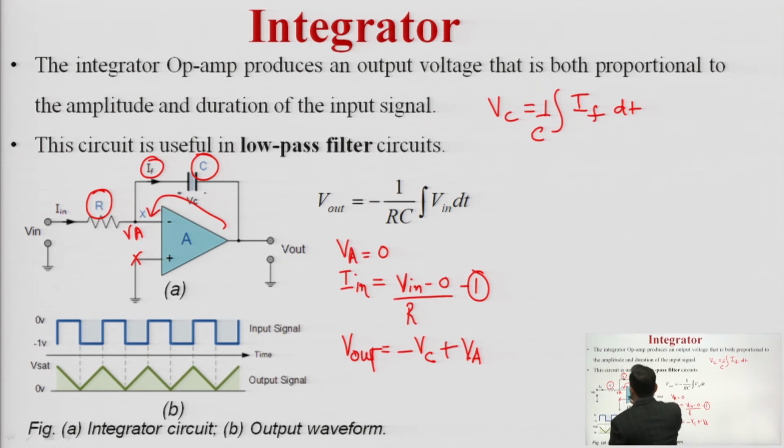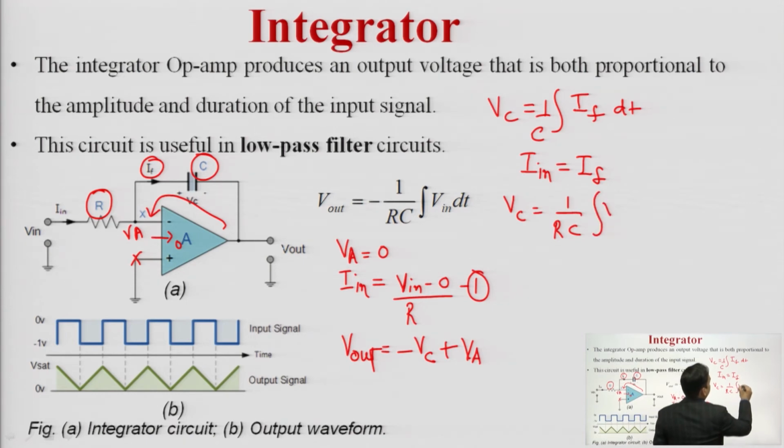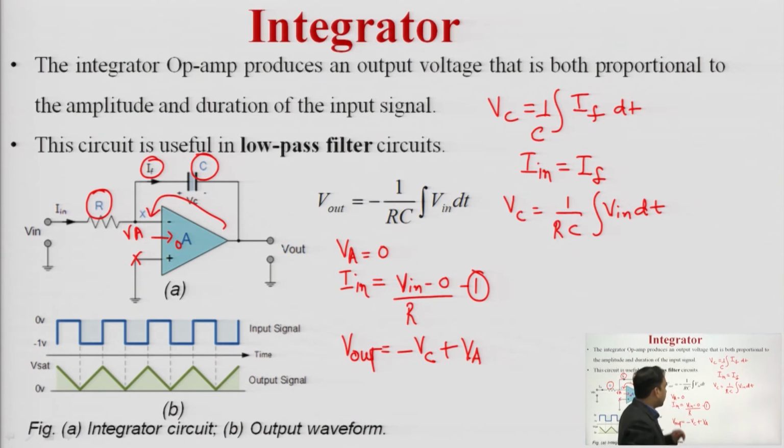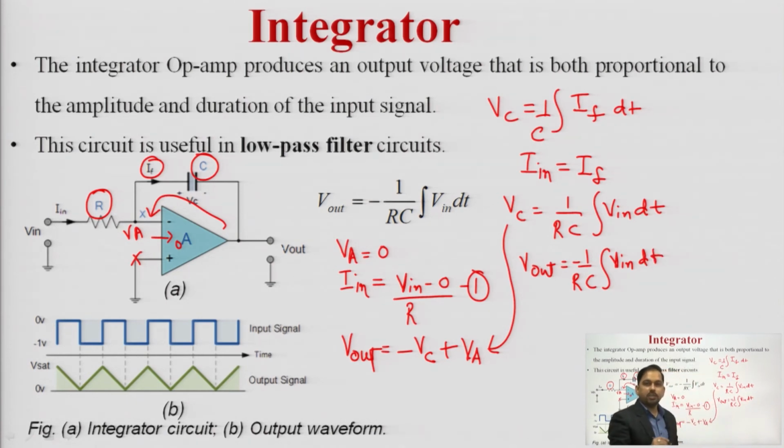Now one more thing, no current is entering into the op-amp, so whatever is the input current I in is equal to IF. With the help of this, VC equals 1 by RC integration of V in dt. Utilizing this equation with VA equal to 0, we can achieve V out equals minus 1 by RC integration of V in dt. So this equation we can achieve.